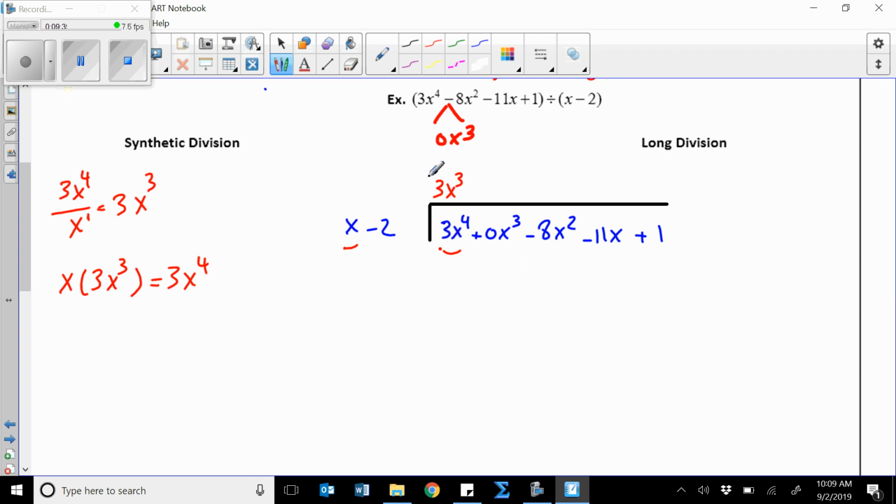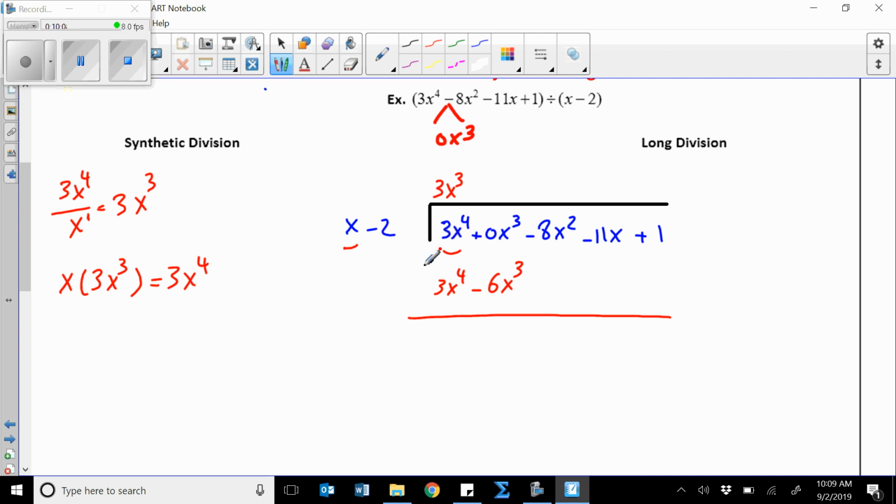The next step is to multiply this 3x cubed by both terms in the divisor. So I multiply 3x to the 3 by x. It's 3x to the 4. Then multiply 3x to the 3 and negative 2, and that will be negative 6x cubed. Now the next step is to subtract this term from this one.